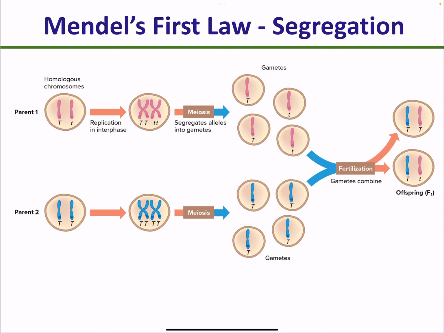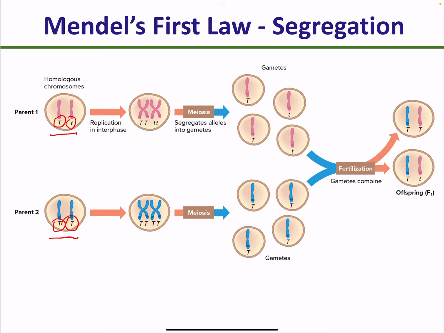So we looked at meiosis, and now let's look at one single gene, the gene for tall. You have one parent here that is tall, and another parent here that is tall. However, notice that this parent here is heterozygous, while this one here is homozygous.